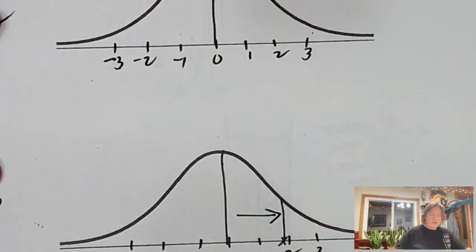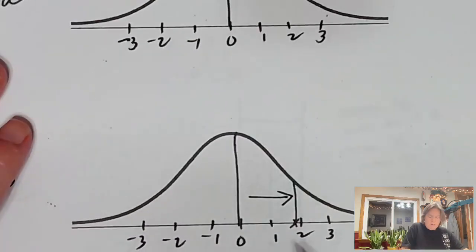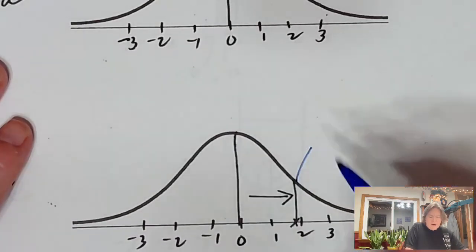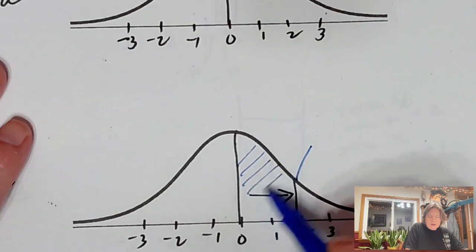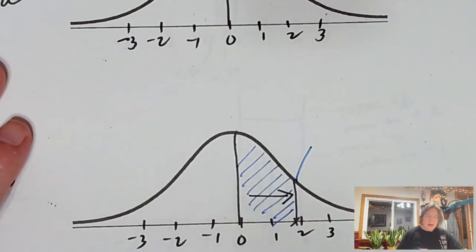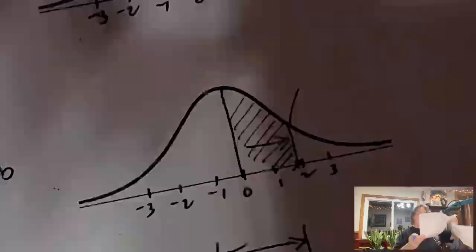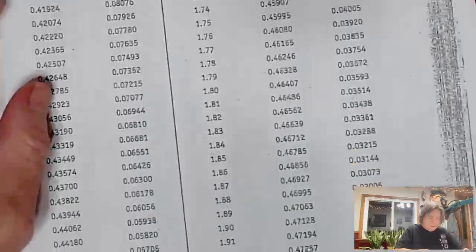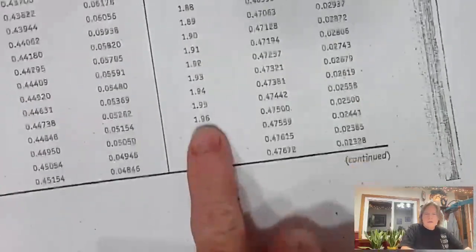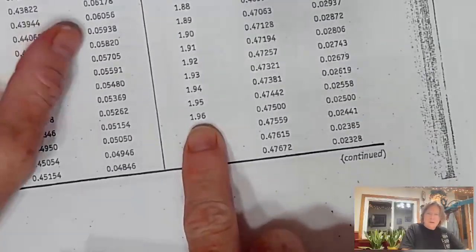Then the next one, 3B, is the mean and the z of 1.96. We've already done this before, really. We're looking for this area here, so we go back to the table. 1.96.